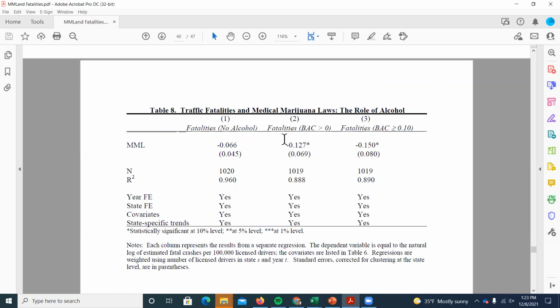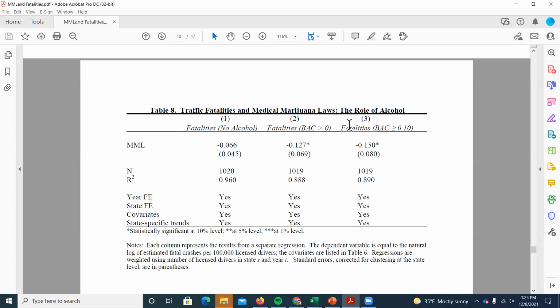Now, for traffic fatalities where the individual had a blood alcohol content over 0, so just some level, it actually was an even larger effect than we found when we treated all traffic fatalities the same. And for fatalities where blood alcohol content was well over the legal limit, we see an even greater reduction in the number of traffic fatalities. So really where this law is having a huge effect is on traffic fatalities that are a result of alcohol consumption, and extremely high alcohol consumption, which fits the other data, where we saw consumption going down.